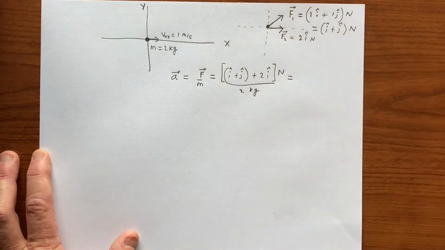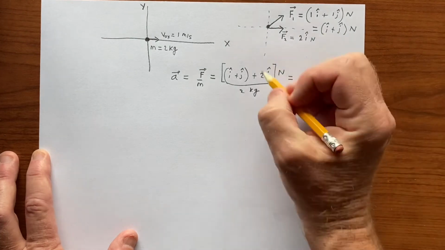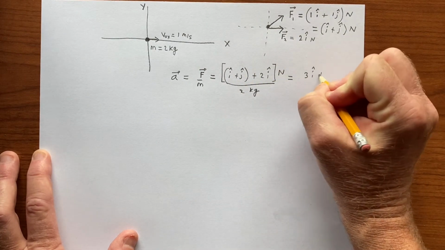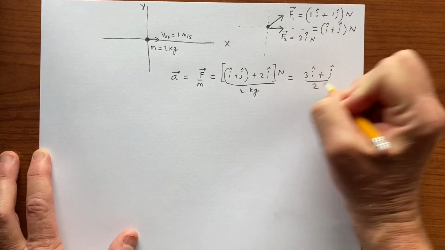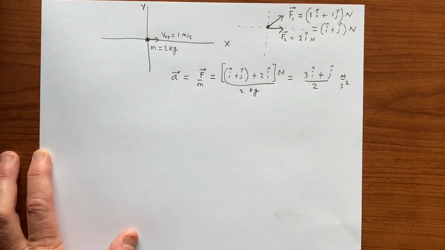So this gives us, right, the dimensions don't speak to each other. So we have 2 and 1. We have 3 I hat plus 1 J hat divided by 2 meters per second squared. So that's the acceleration vector.